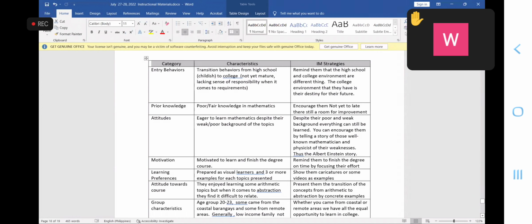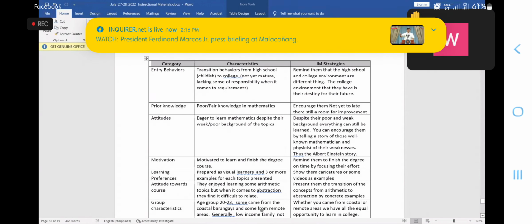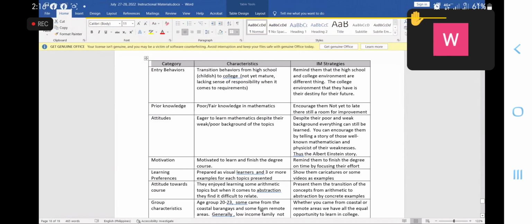I encourage them by telling the stories of well-known mathematicians and physicists about their weaknesses, like the story of Albert Einstein, who we know was a late bloomer.